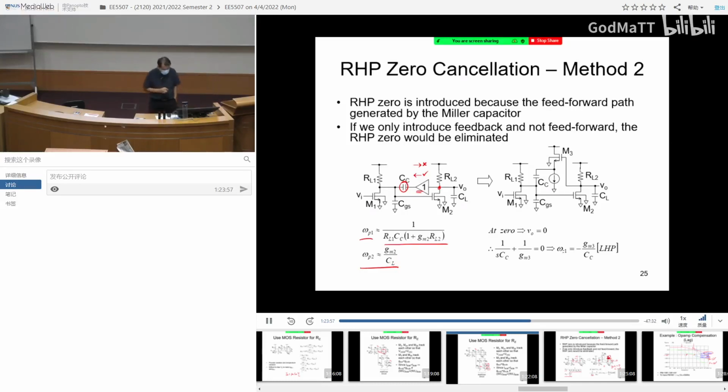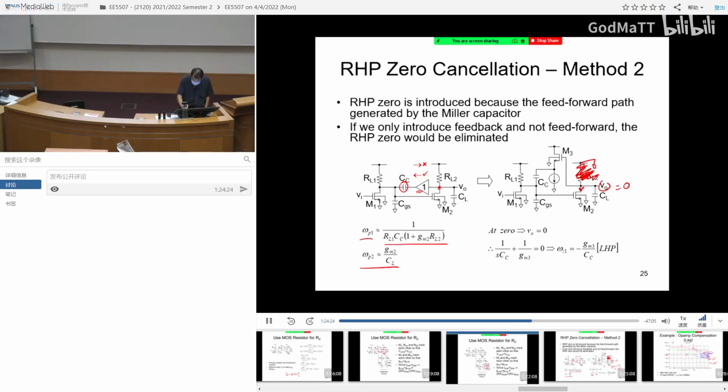But at the zero, what happened? At the zero, V0 equals zero, okay? This guy is also zero, so RO2 is useless. Now V0 equals zero. Any current that can flow through here? If you think carefully, this is zero.